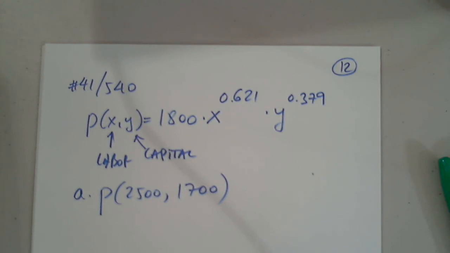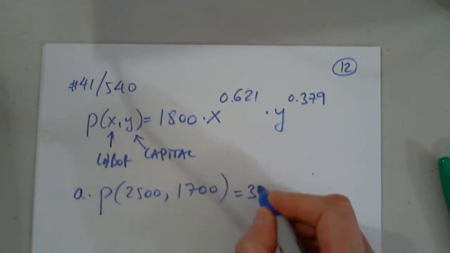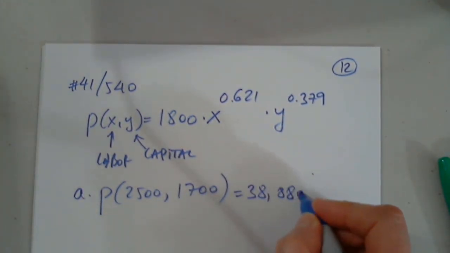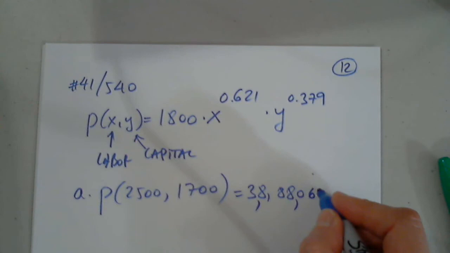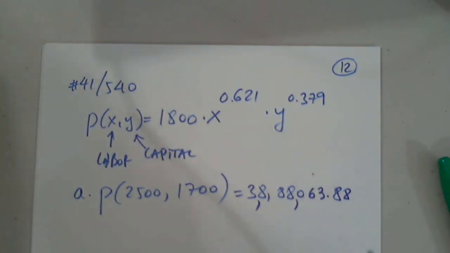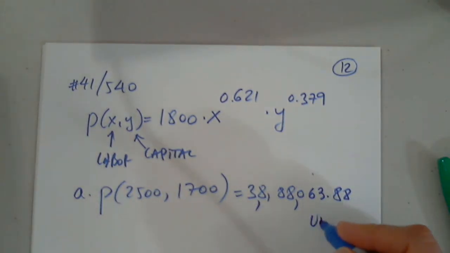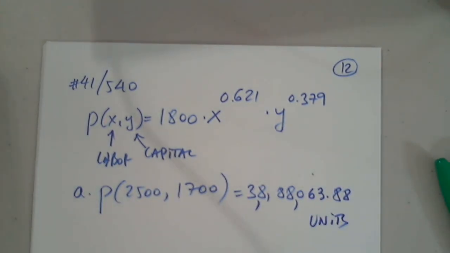Close. So I got 3,888,063.88. Okay, and that's units. So we can round up to 64.